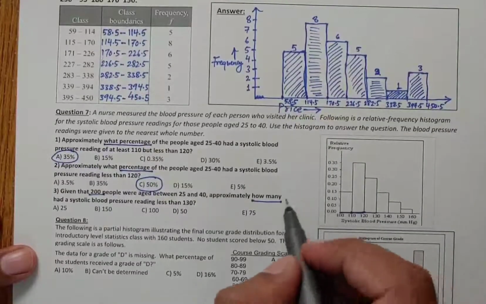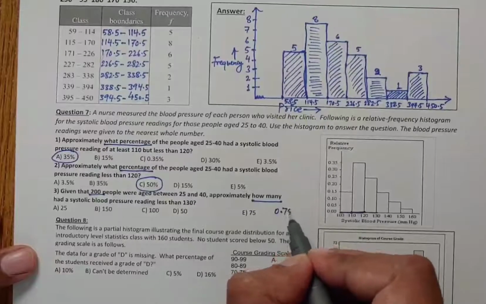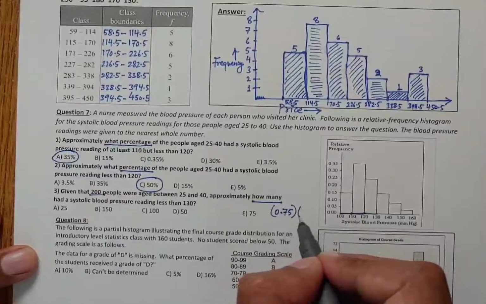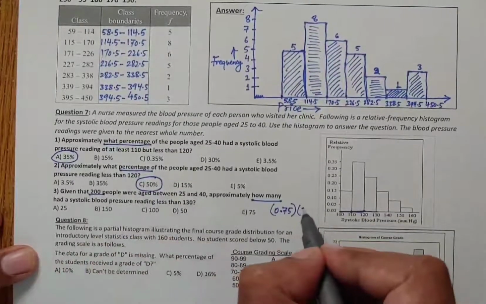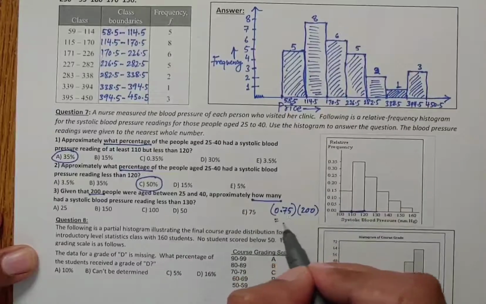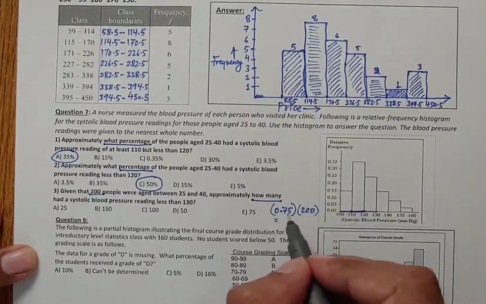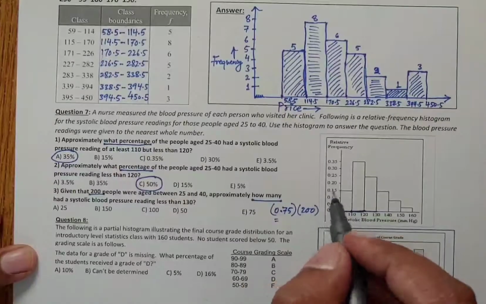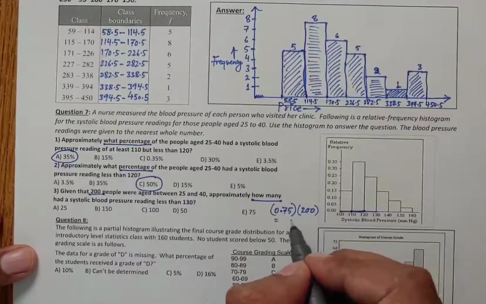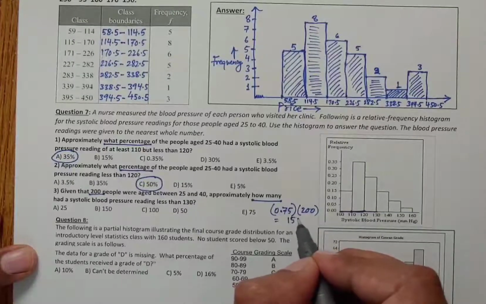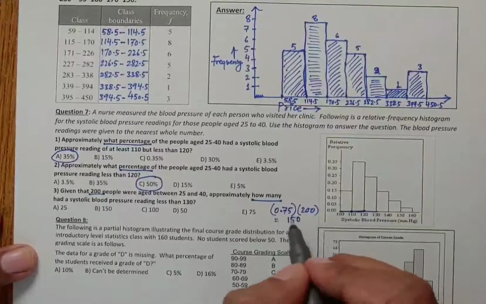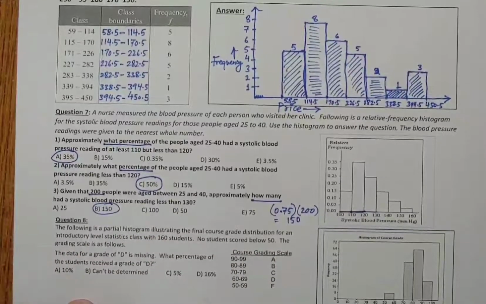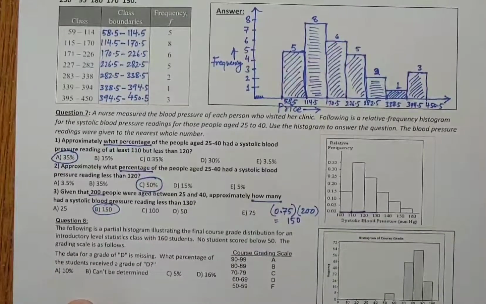We have 0.75, which is 75%. We multiply this by the total, and the total is 200. So 0.75 times 200 is 150. 150 people had less than 130 blood pressure reading.